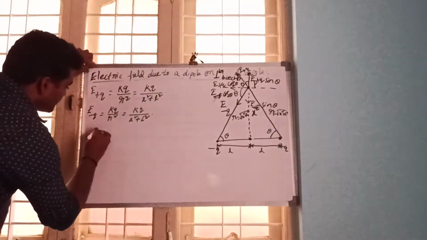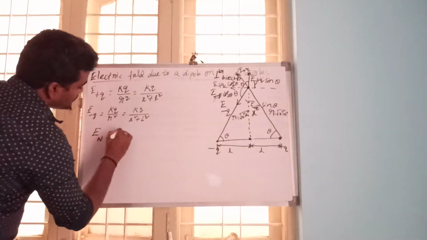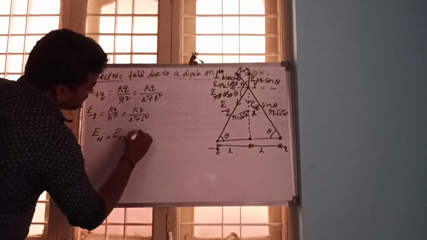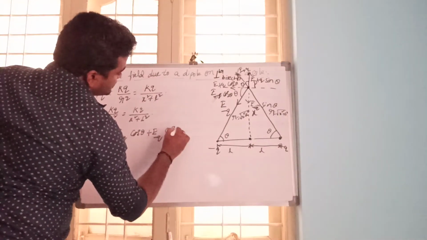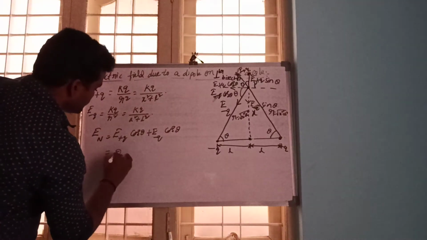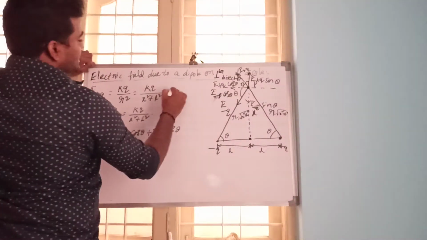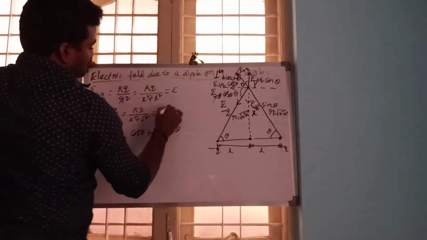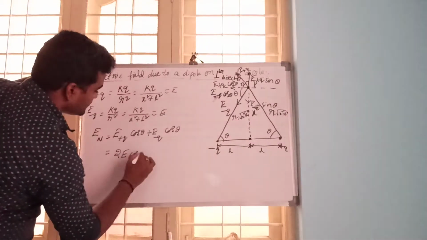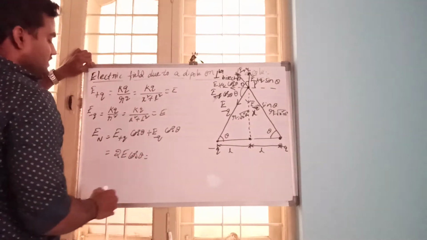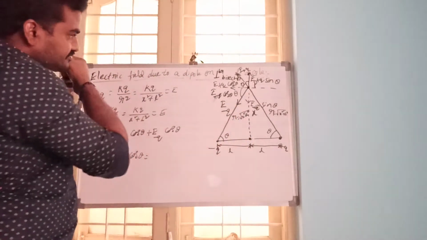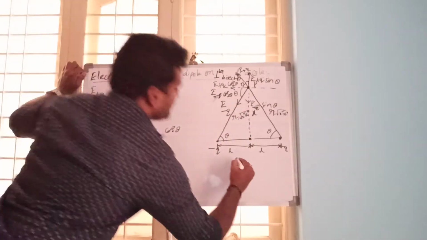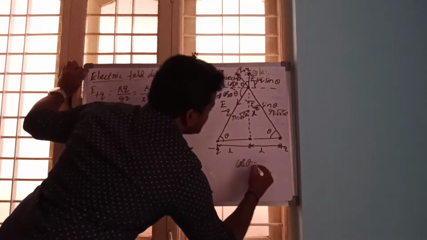So net electric field will be E plus q cos theta plus E minus q cos theta. So 2E, I am considering this as E, 2E cos theta. Now what is the value of E and what is the value of cos theta? From this diagram, cos theta equals what?